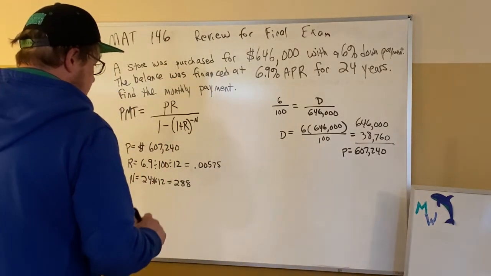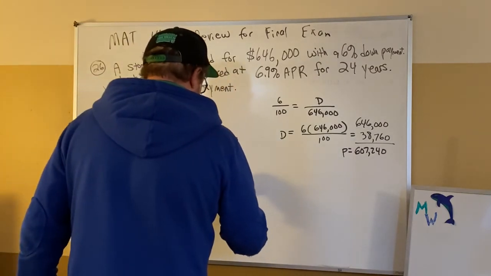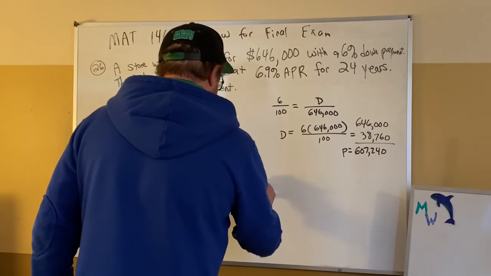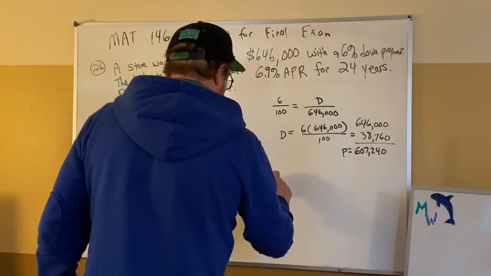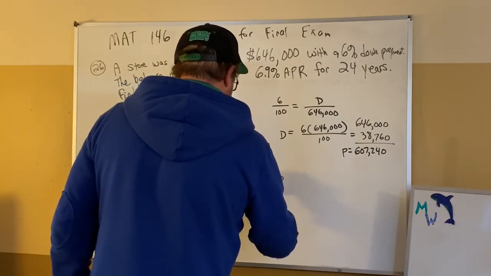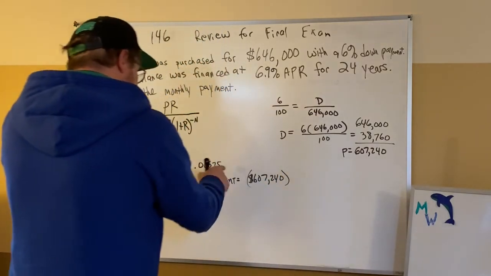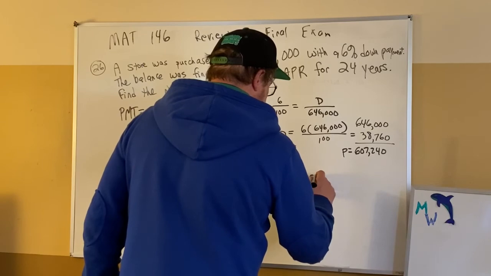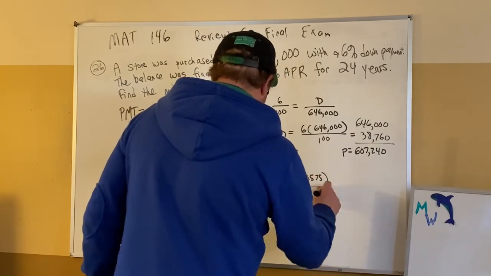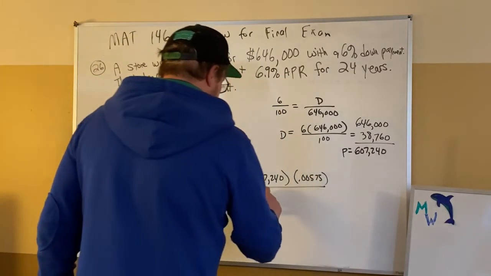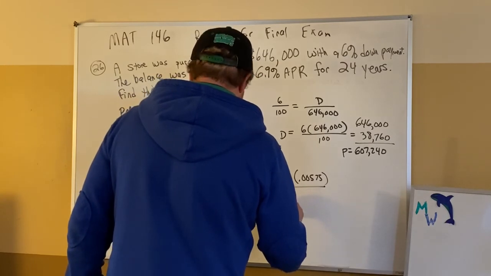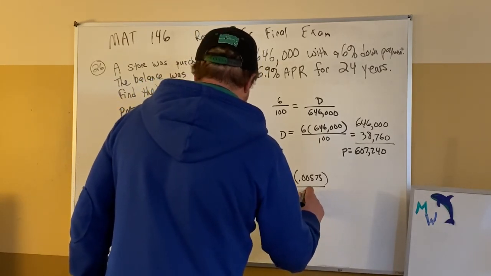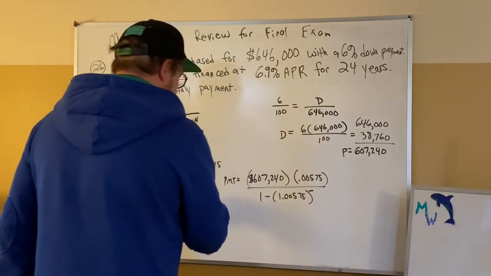Now let's get to work on this then. PMT, payment, is equal to principal of 607,240 times straight into the 0.00575. The denominator is going to be 1 minus 1 plus that 0.00575 to the power of negative 288.